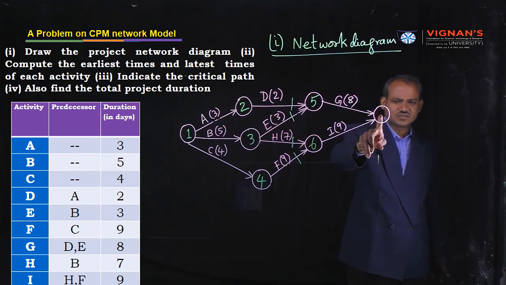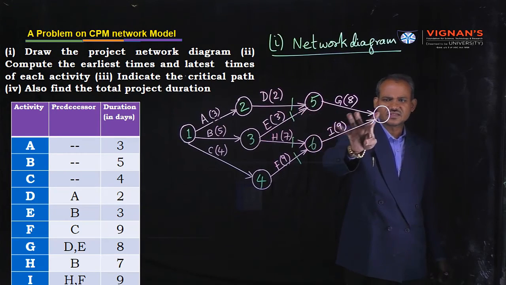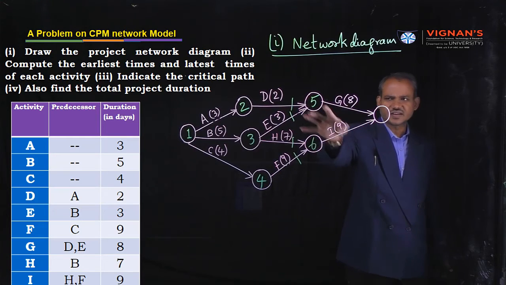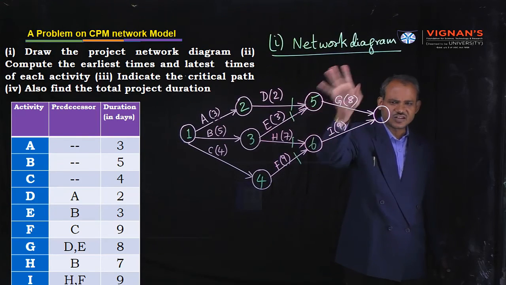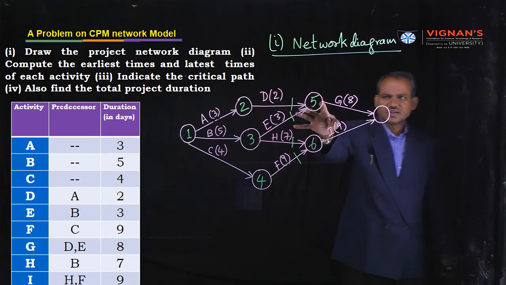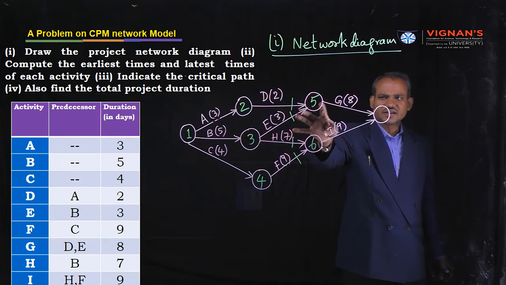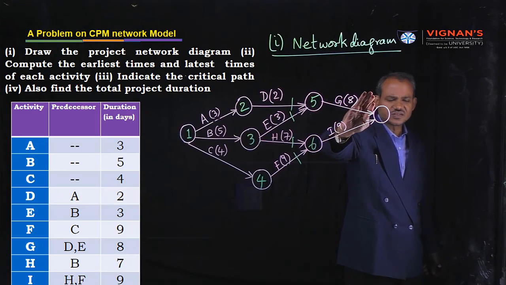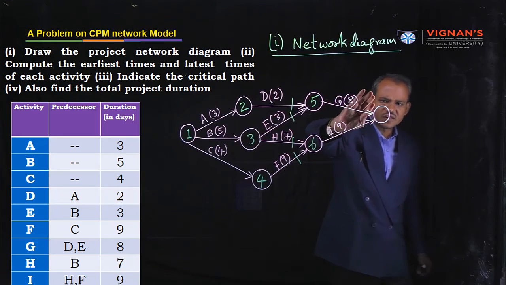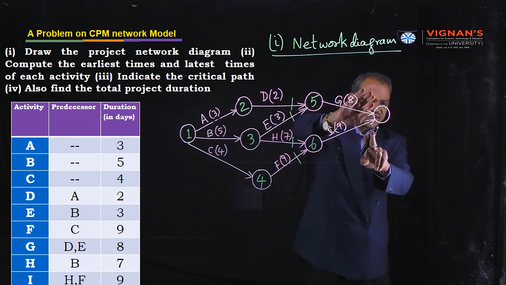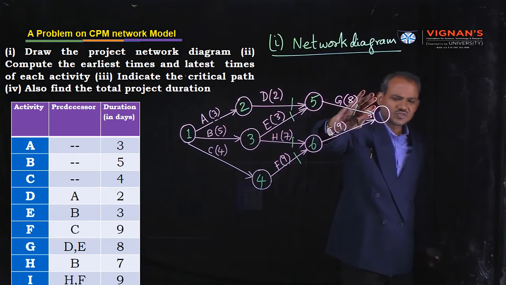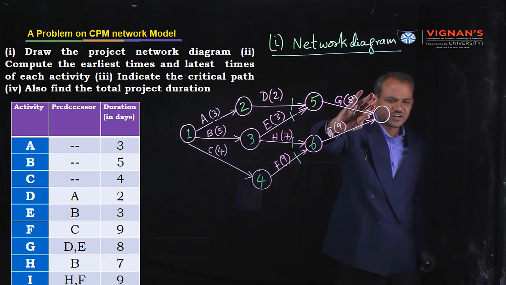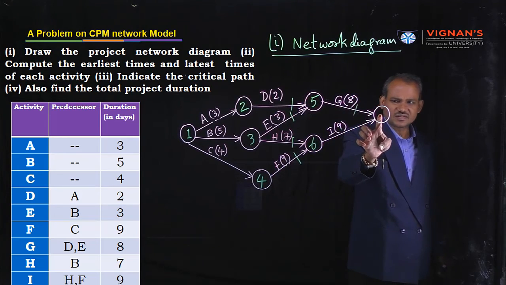Next, consider the last one. For this node, 2 arrows are entering. Consider one by one, starting from top to bottom. Consider this activity, G activity. Ignore G first of all. If you ignore it, one more arrow is entering, so in this situation it will not create a new initial event.